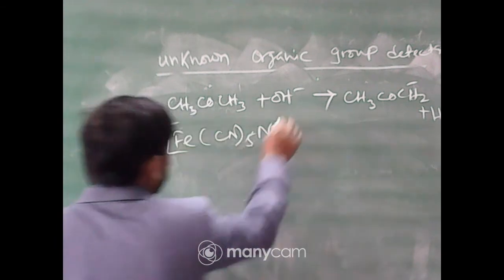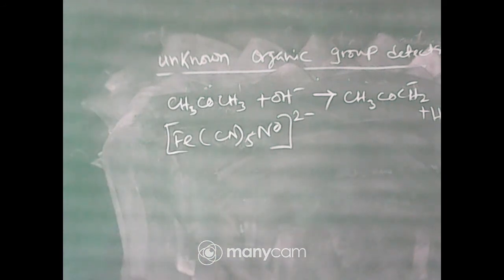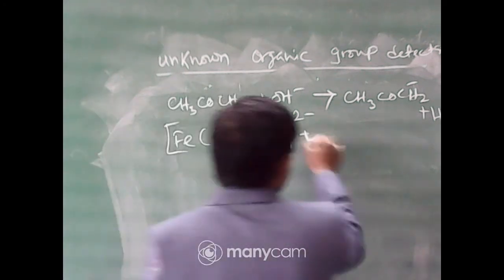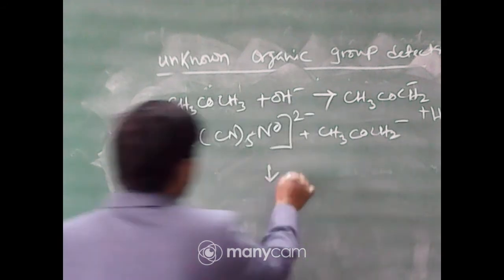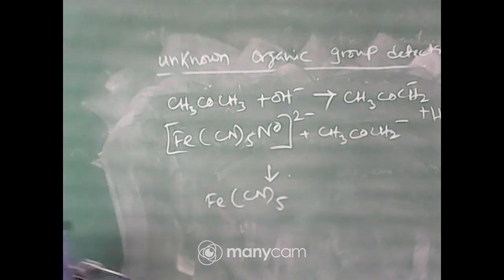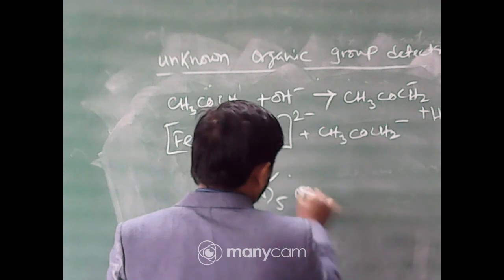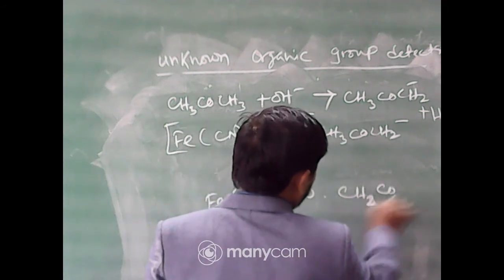NO, SO4 is the anionic part, with the cationic part forming Fe(CN)5NO, then CH3CO, CH2CO, CH3.